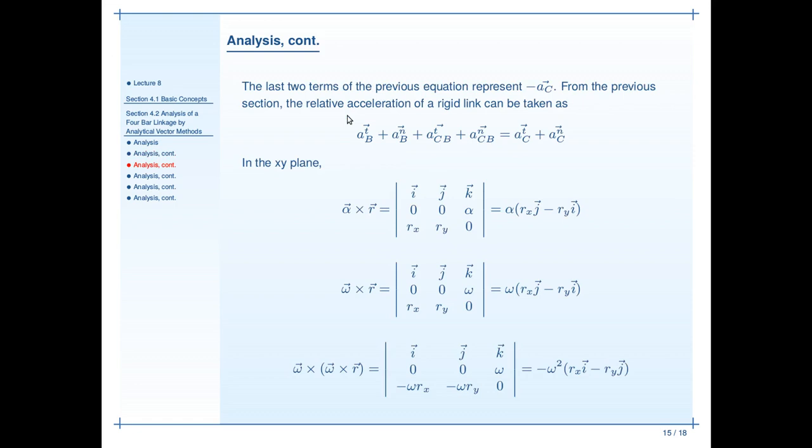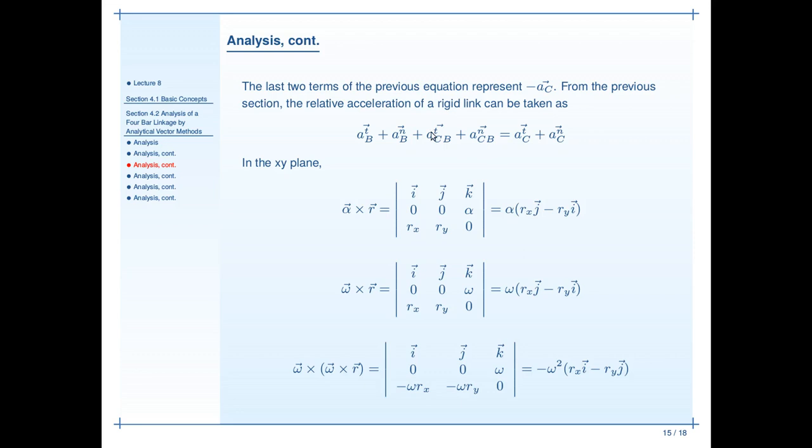Now, the last two terms in that previous, very long equation represent the negative of the total acceleration of point C in that 4-bar link. From that previous acceleration, then we can take the relative acceleration concept and simplify that equation a little bit.